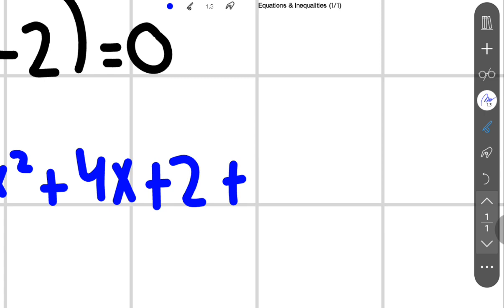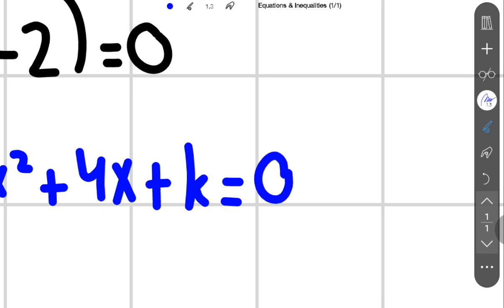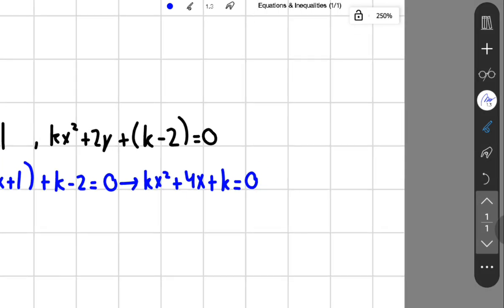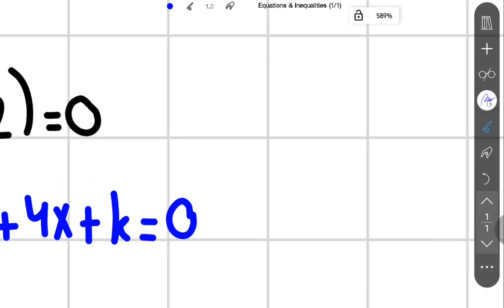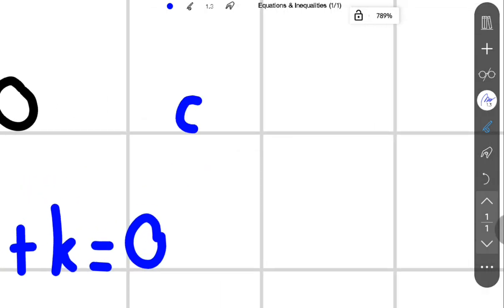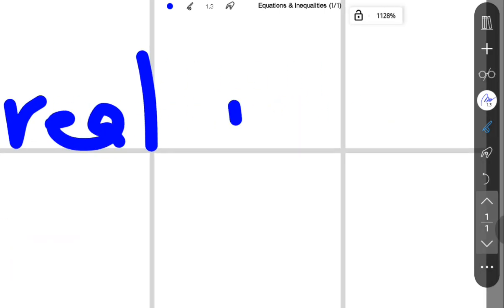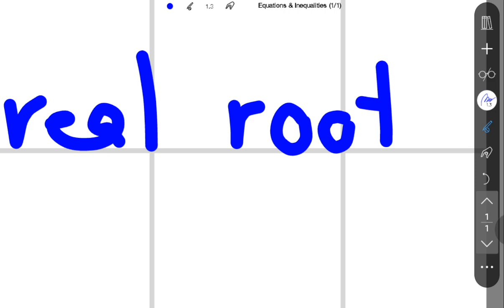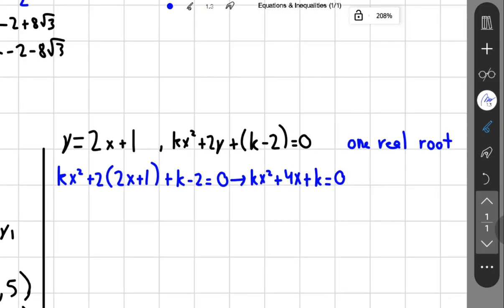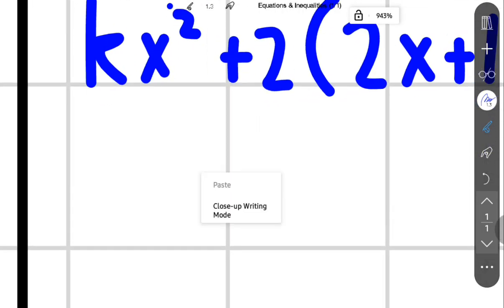And we could notice that the 2's will cancel out each other, so what I'll be left with is k equals 0. And this has the same form as a quadratic equation. Since it already tells me that it has one real root, I could get the values of k. So I could just plug in b squared minus 4ac.